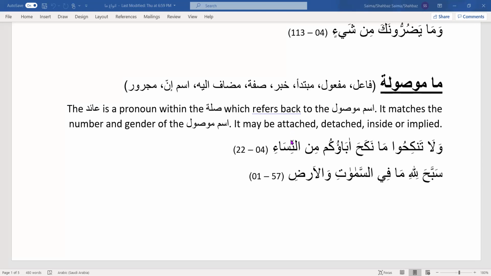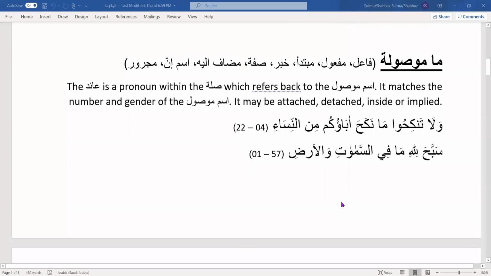And within the sila, there is normally an a'id, which is a damir, which ties it back to the ism mausul, to the ma. Inshallah, when we talk more about this, it will be clear. This a'id could be attached, detached, it could be inside the fa'il, or it could be implied.